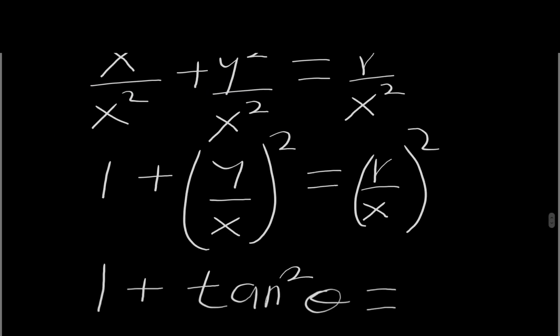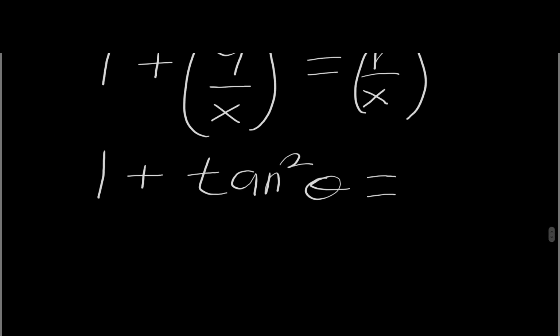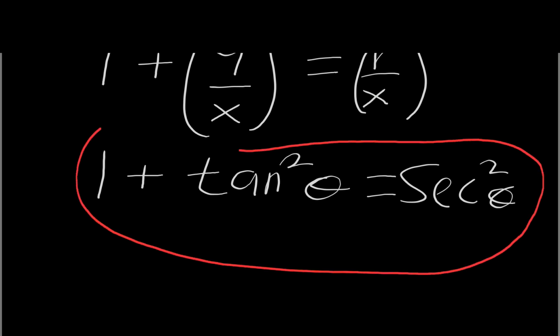So we have sec squared theta, and this is also an identity in trigonometry, and that is the proof for that.